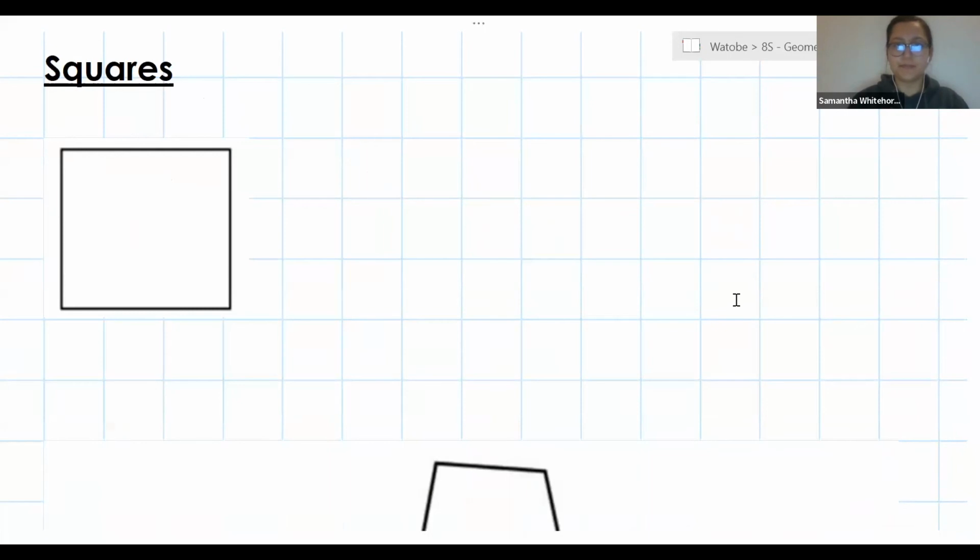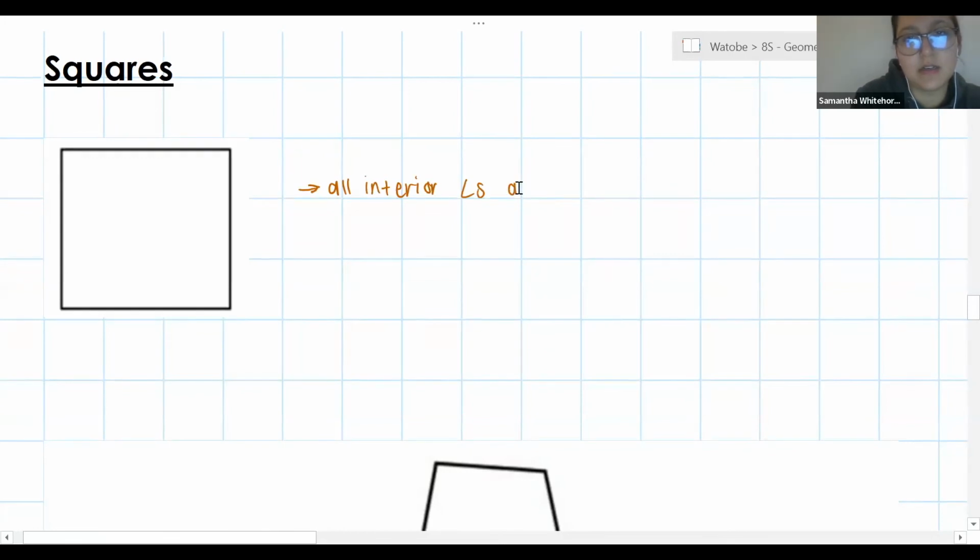All 4 interior angles in a square equal 90 degrees. Awesome. Okay, so all interior angles are 90. Now, guys, remember, that is actually the same as a rectangle.